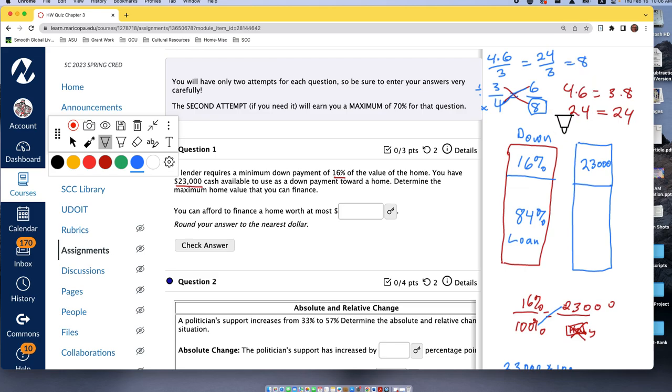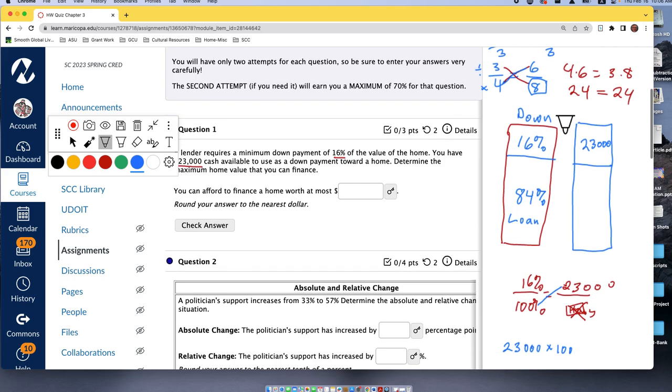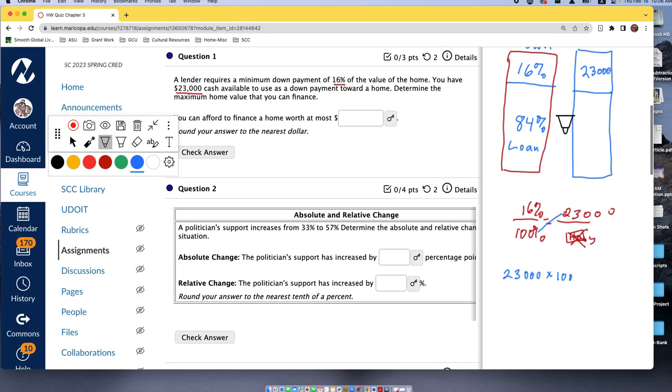It's that missing piece. So when we get percentages, we'll always have one set up like 16% over 100%. We have our places over here, 23,000 times 100, and then what we just need to do now is divide by 16.